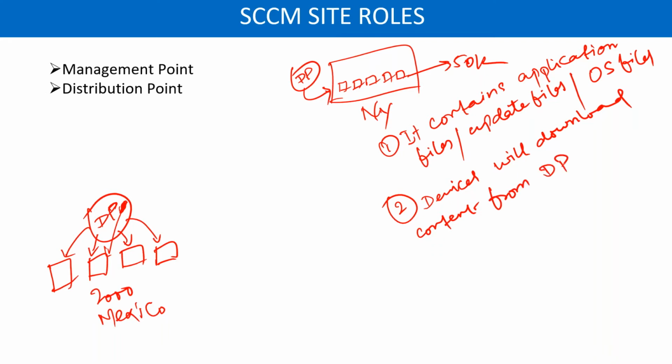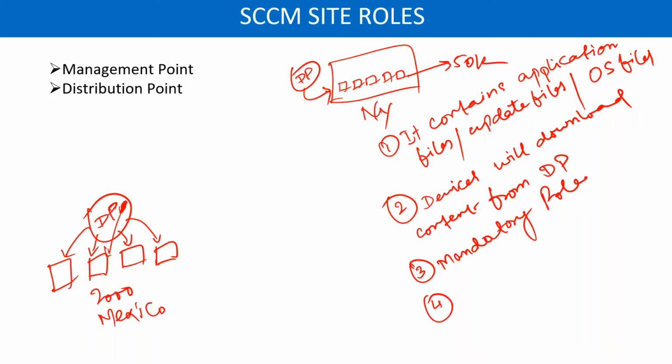Mumbai devices will download from the Mumbai distribution point. London devices will download from the London distribution point. Mexico devices will download from the Mexico distribution point. Point number 3, it's a mandatory role. Without this, you cannot install applications because devices will not be able to download the content, right?